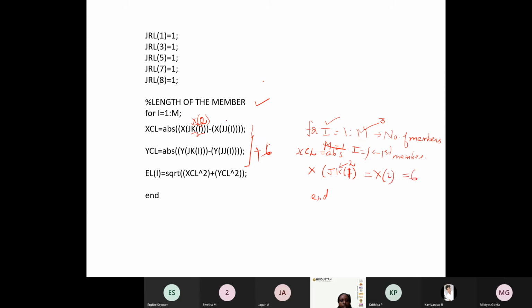X of 2 is equal to 6. That is, I will become 1.